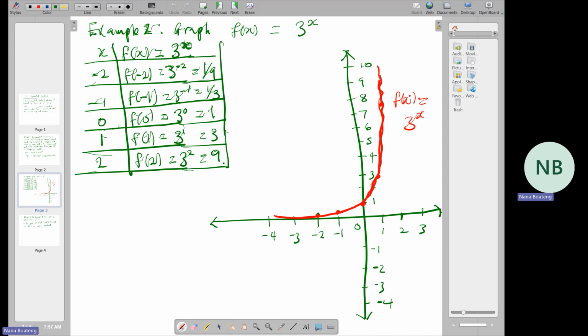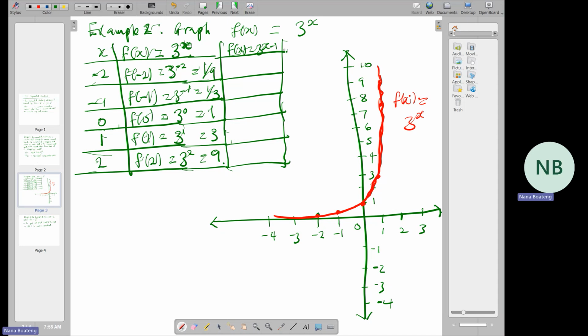We know that when f of x is equal to 3 power x minus 1, the graph is shifted 1 unit to the right.